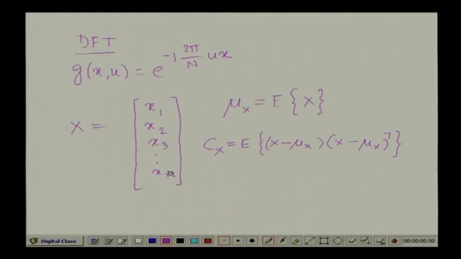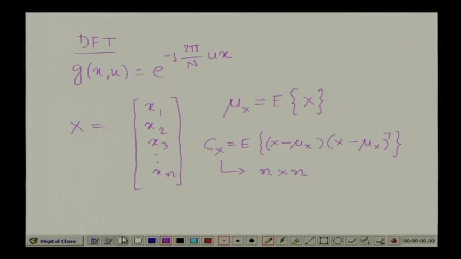Since x is of dimension n, this covariance matrix will be of dimension n by n, and obviously the dimensionality of the mean vector μx will be n.